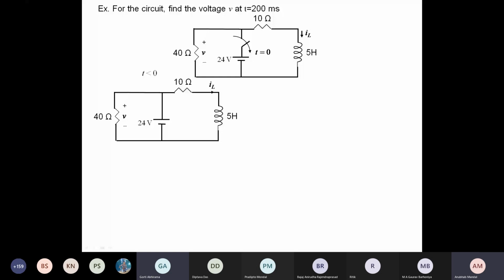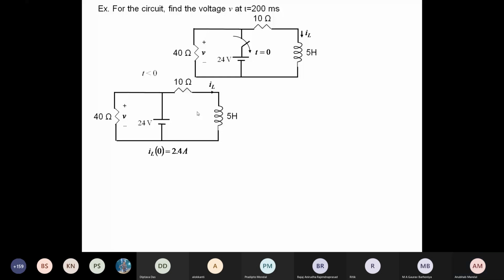So this is one situation when t is less than 0. What will be the current through the inductor? 2.4 ampere, because it is a DC. Similarly, you can find the current through the 40 ohm resistance, 0.6.